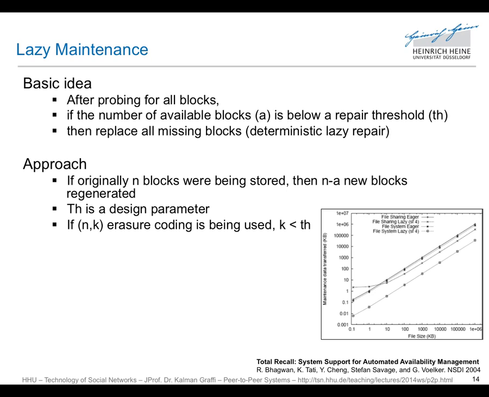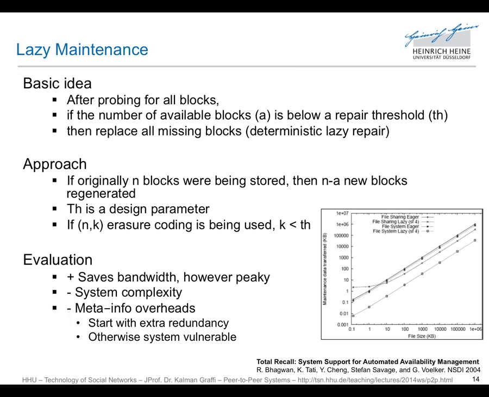So the number of missing data blocks has to exceed the threshold in order to have the replacement. That's good, because you don't replicate all the time, but when you replicate, you have a peak in your traffic. It's easy, but it can also be used as an attack point. Still, it's at least better than the naive approach.